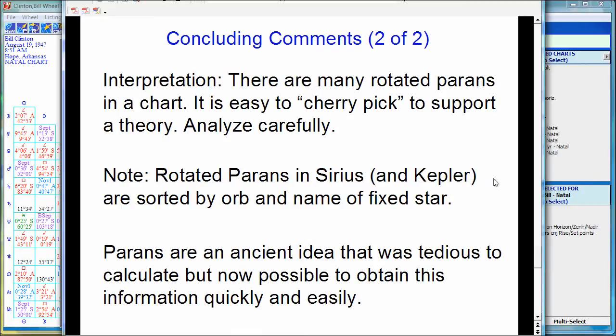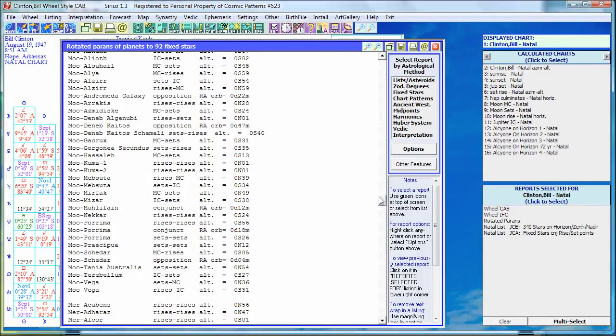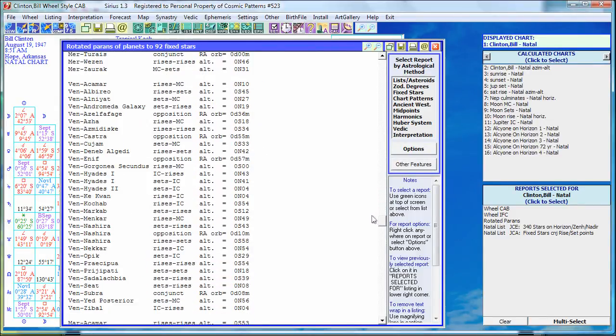Now, a couple other conclusions and then I'm done. One is you have to be careful in your interpretation because we saw there are a lot of these things. I'm using lots of stars here, but you see there's a long list of these rotated Parans, and I've seen people say, this person... I just did it. I said, Bill Clinton has a Moon Algol rotated Paran.